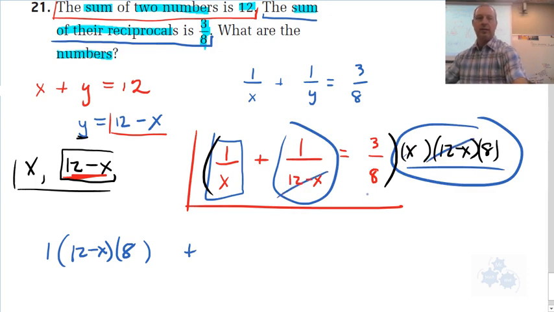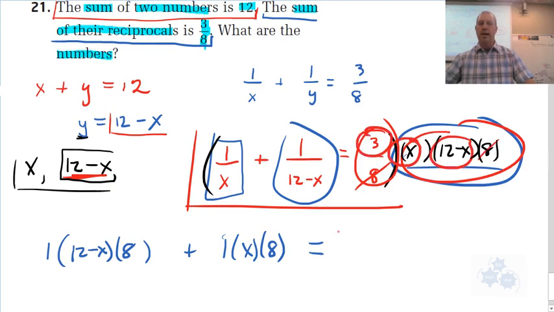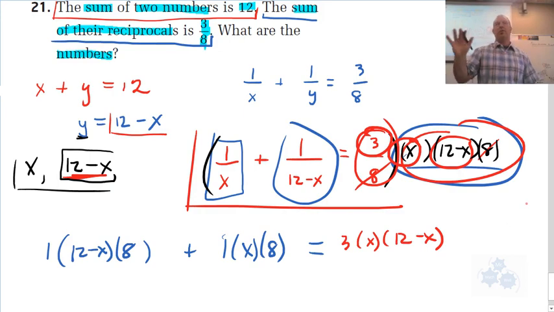So I'm going to have 1 times x times 8. And then for this one times all those, the 8's are going to cancel out, and I have 3 times x times 12 minus x. Okay? So I've gotten rid of all the denominators.